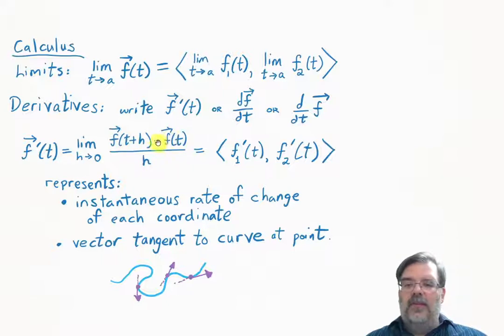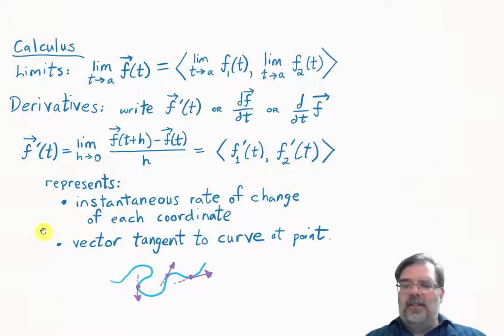Right? You can do a vector subtraction and you can divide by a constant. It's like multiplying by 1 over h. And ultimately, if you carry the limit through to each of these components and then carry the dividing by h through to each one of these, you'll notice that the thing which happens is the derivative of each of the components' functions.